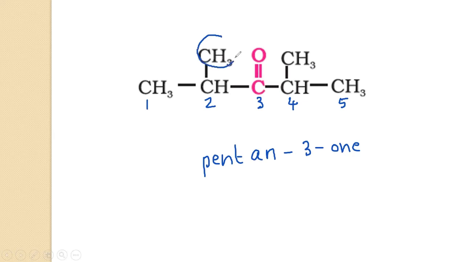We also have methyl substituents on second and fourth carbon atoms. There are 2 methyl substituents, so you call it dimethyl, at positions 2 and 4. So the name of this compound would be 2,4-dimethylpentan-3-one.